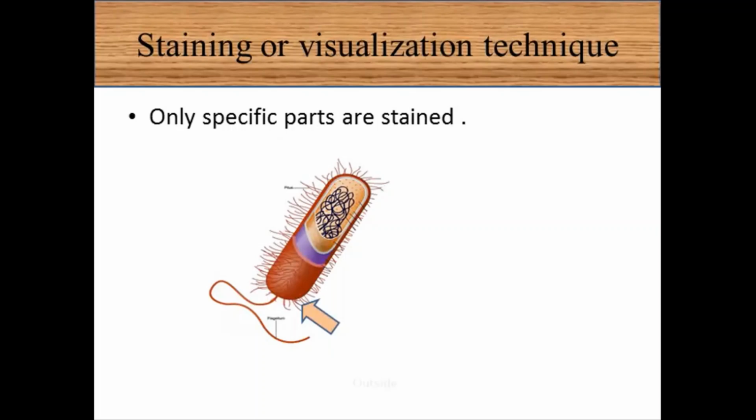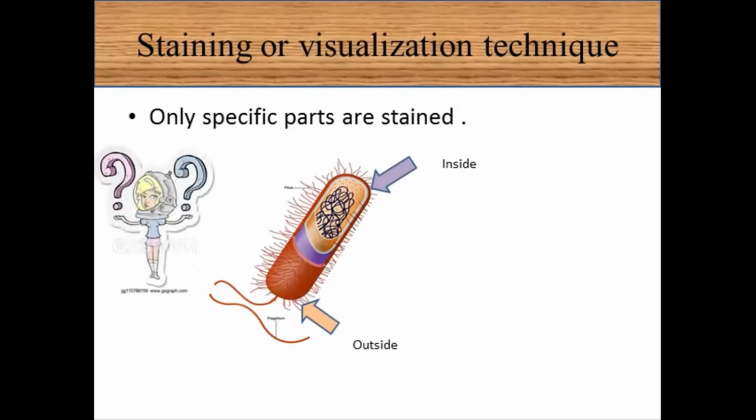The molecule may be present on the surface of the particular cell or even inside the cell. Here you can see that the molecule is present outside the cell or inside the cell. So we can stain specific parts instead of the whole cell.